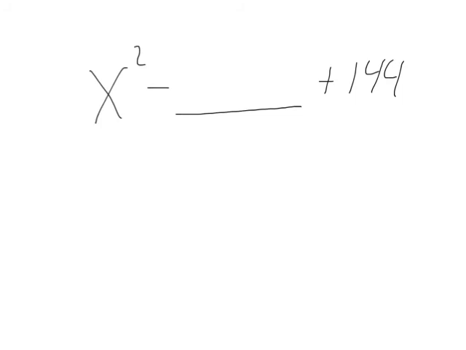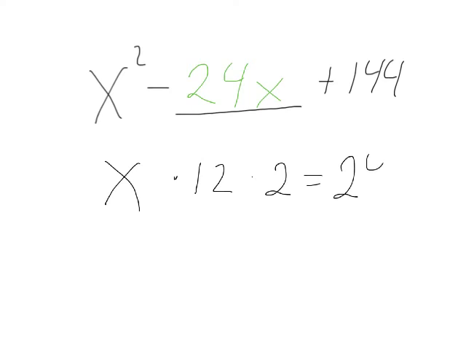The correct value that goes in the middle is 24x. Now I got that because the square root of the first term is x, the square root of the second term is 12, but I have to remember to multiply it by 2. 12 times 2 times x is 24x.